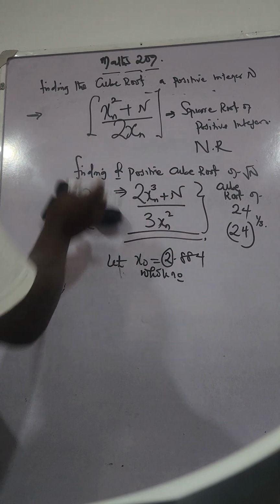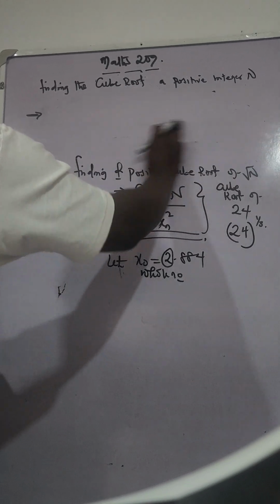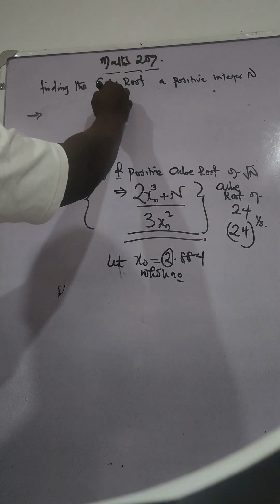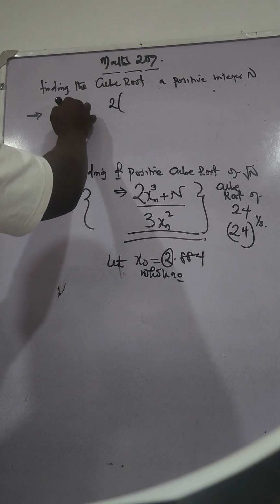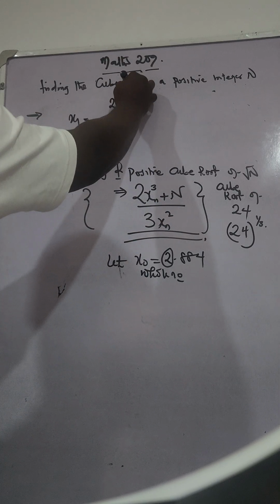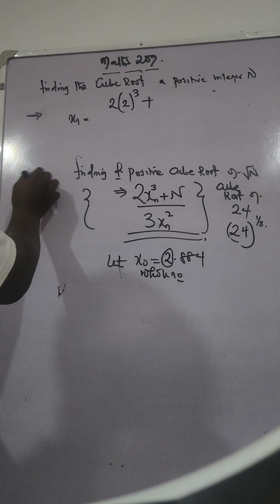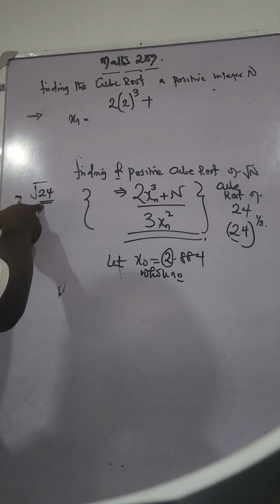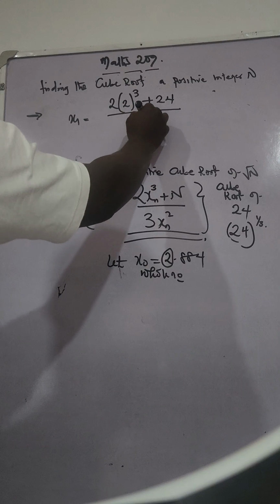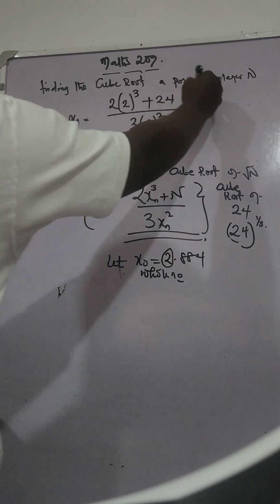So we are simply saying that x1 is equal to 2 into bracket 2 all to the power of 3 plus, what is n? Since we are looking for the cube root of 24, n is 24, so plus 24 over 3 into bracket 2 all squared. I believe if you punch that in your calculator, you're going to be having 3.33.